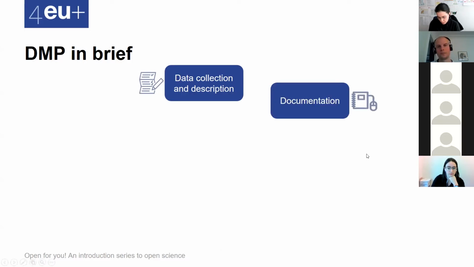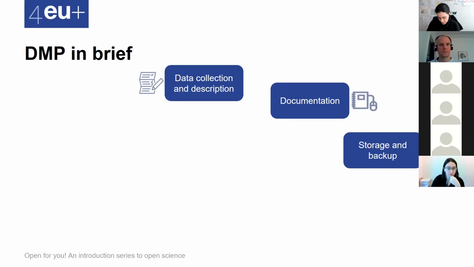For the second part, documentation, it's a key part of your DMP. If your data is not documented, it can't be reused correctly. This part will explain which metadata are used. We will define metadata later, and how they will be generated. In this part, you mention the data identifier.